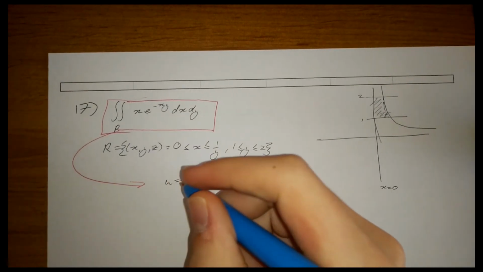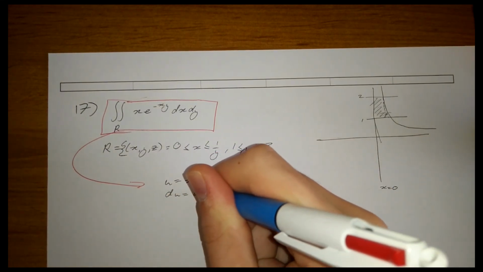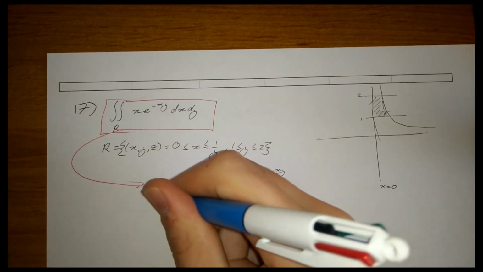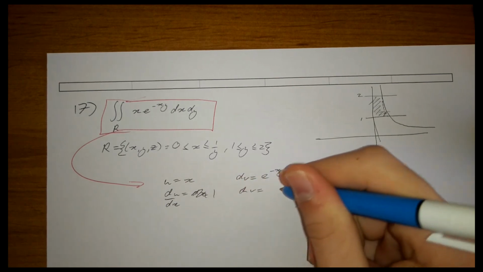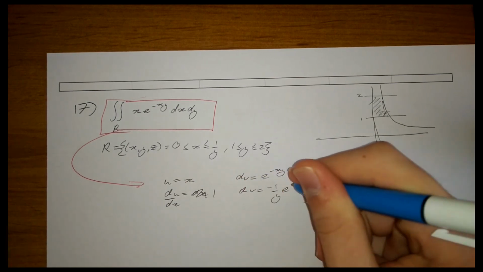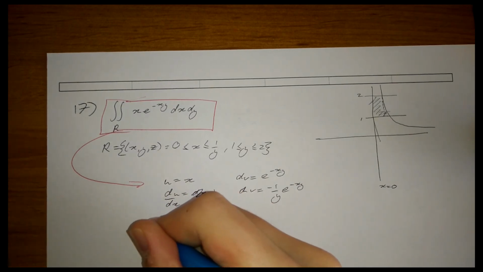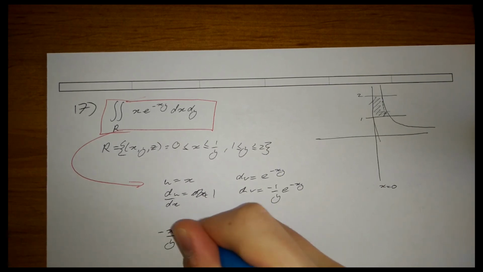Okay, cool. So therefore, du equals dx, so that equals 1, du/dx equals 1. Hence, v equals negative 1 on y times e to the negative xy. Hence, uv is negative x on y times e to the negative xy.